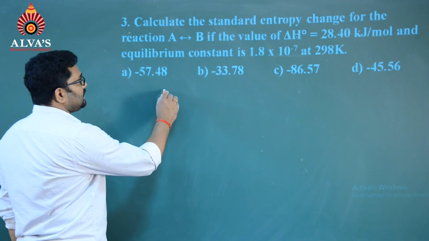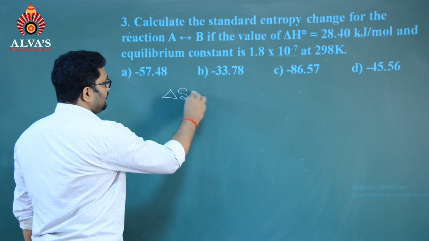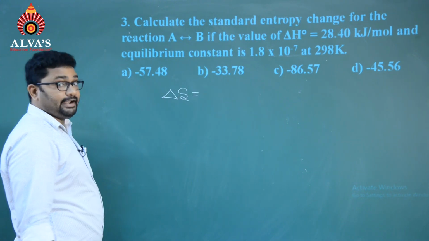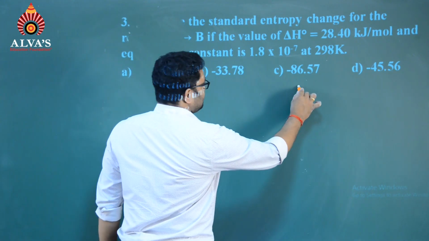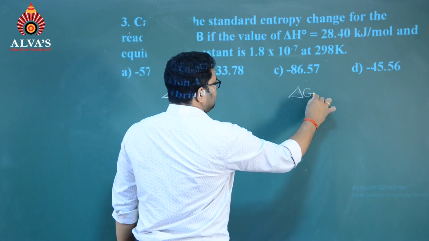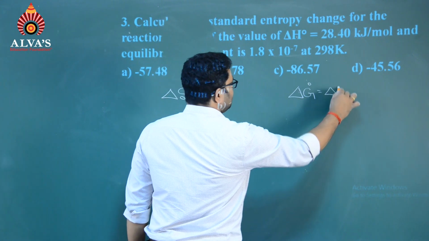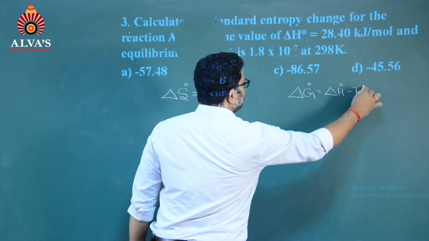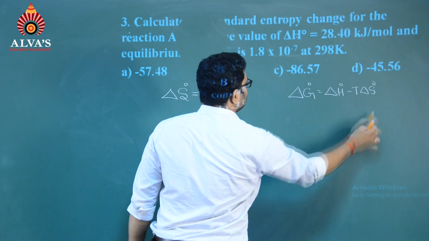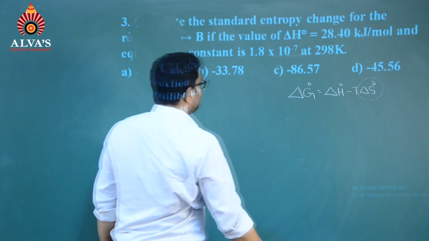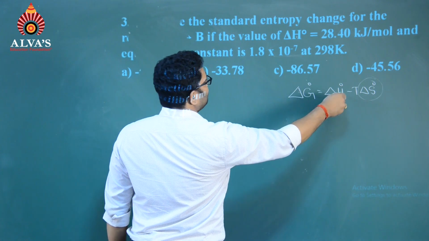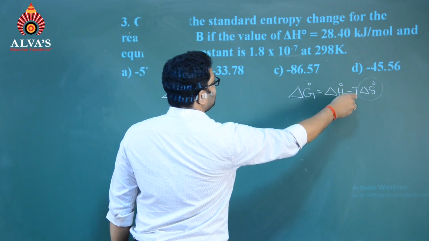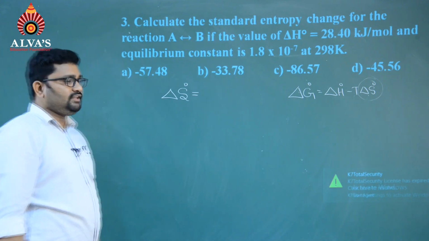The question asks us to calculate the standard entropy change, that is delta S naught. We have the Gibbs free energy equation, delta G naught equal to delta H naught minus T delta S. First we will find the delta G value, then we have the value for delta H naught and temperature. Finally, we will go for delta S naught.